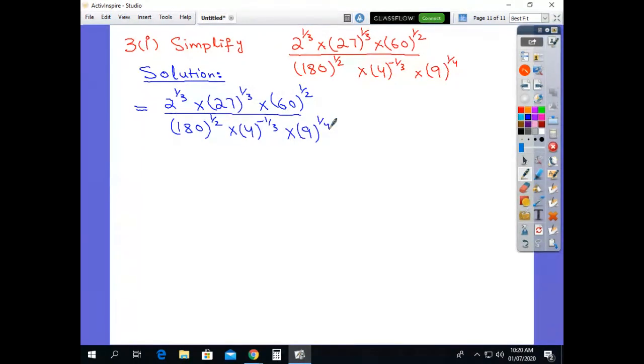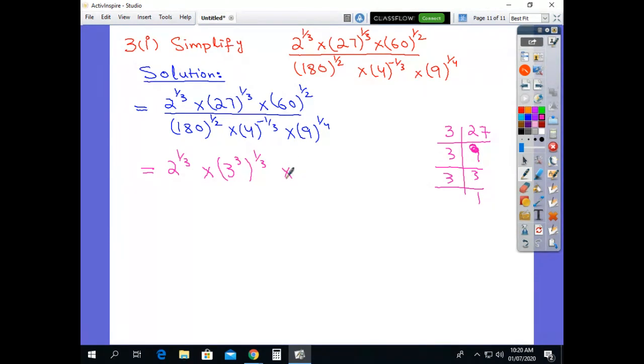Here we see that we have so many numbers, but we are taking only the LCM of 27, which becomes 3, 3, 3 and 1. That is 3 raised to power 3 becomes 27. Now here we write 2 raised to power 1 by 3 into 27, which can be written as 3 raised to power 3, all raised to power 1 by 3.